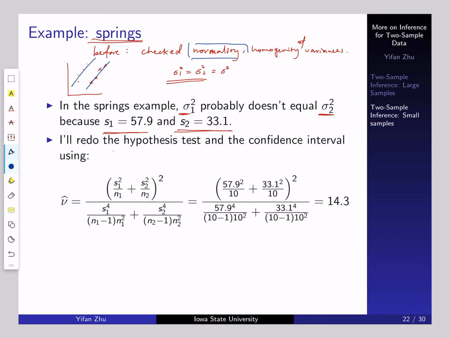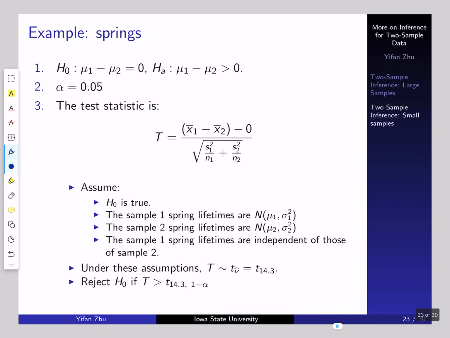And we redo the hypothesis test. So the first thing is that we calculate the Cochran-Satterthwaite approximation. So the approximate degrees of freedom is 14.3. And then we do the hypothesis test. So the null is that mu1 minus mu2 is 0, and the alternative is that mu1 minus mu2 is greater than 0.